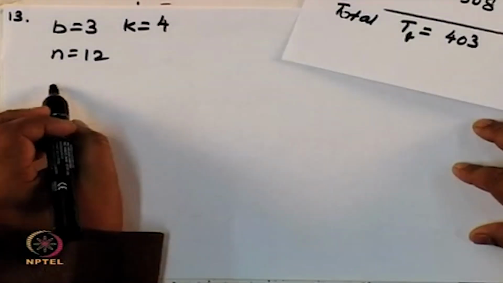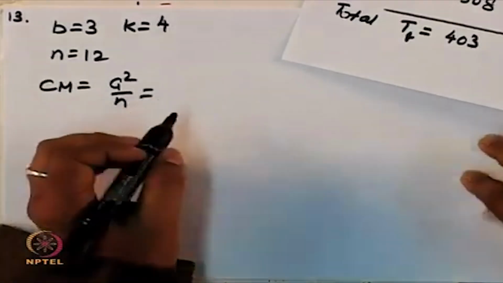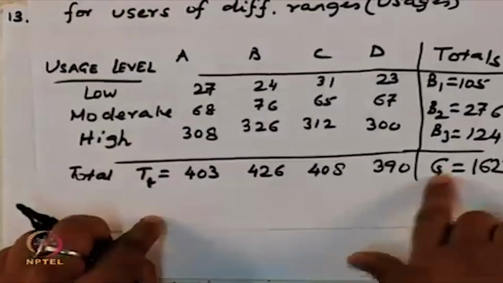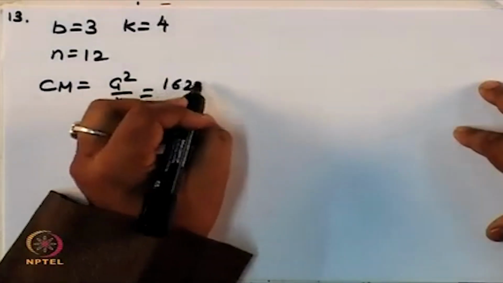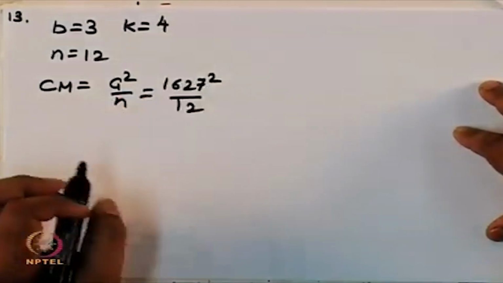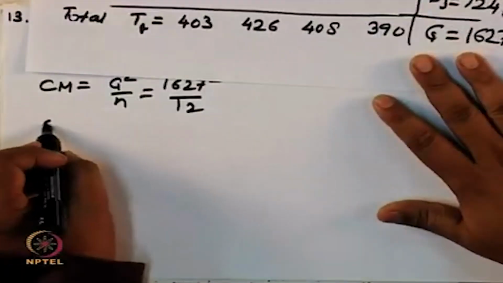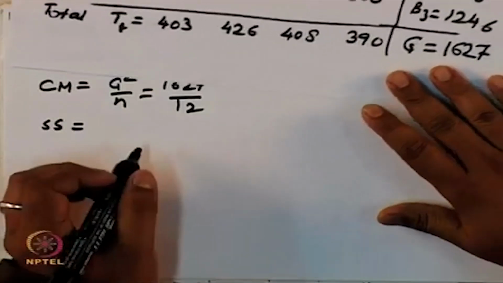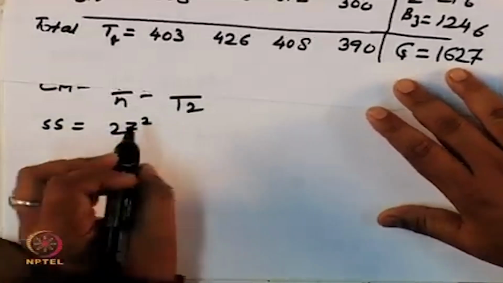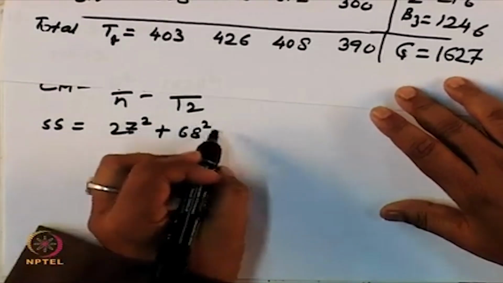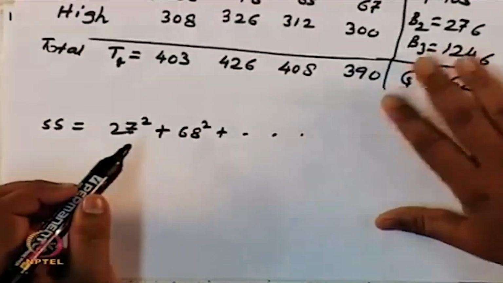You can calculate the Cm, which is given by G square by N. G is the grand total of all observations, so I can write this as 1627 square by 12. My sum of squares is all these squares put together, so you take the squares of all the observations.